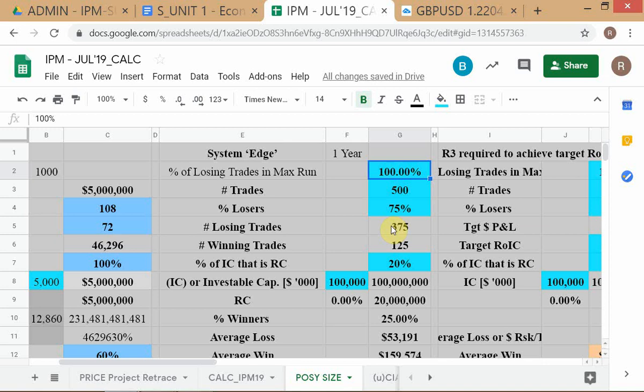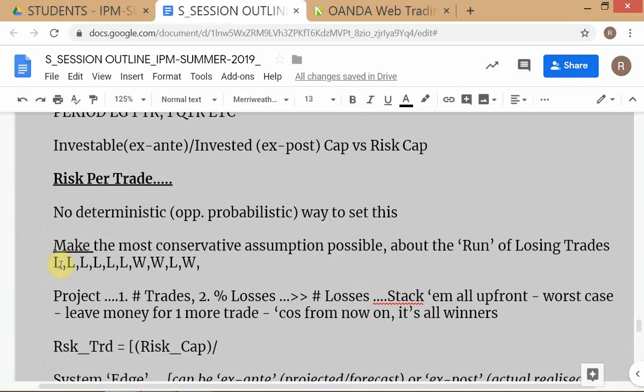I've shown you the most conservative approach, but if you didn't want to be so conservative, you could choose the percentage of the 375 losing trades that will occur in the worst possible run. Looking at this distribution, the worst possible run of losses is 6, because the other is only 1.